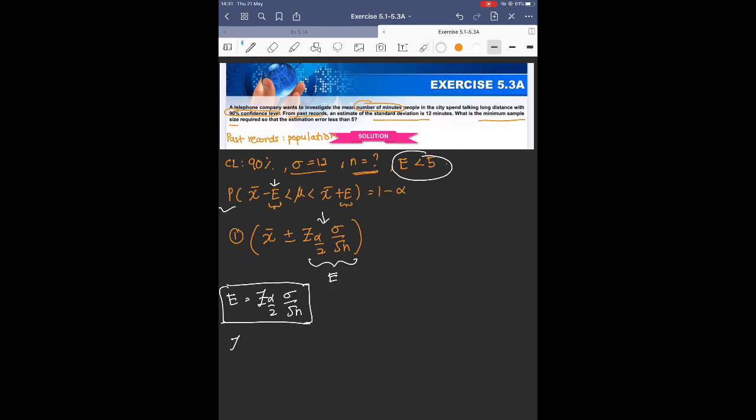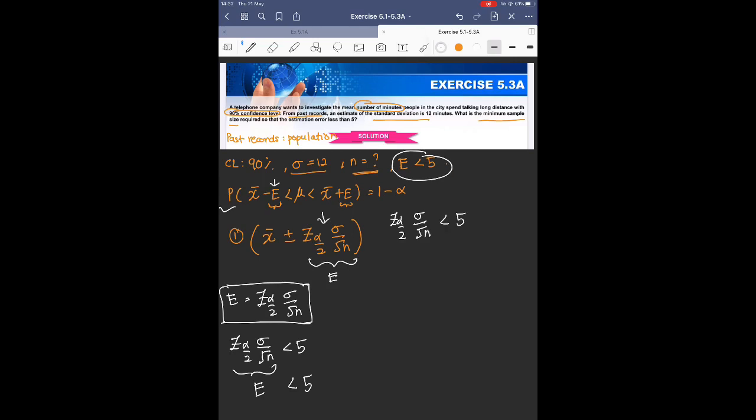So z alpha over 2 sigma over square root n, which is your E, is less than 5.